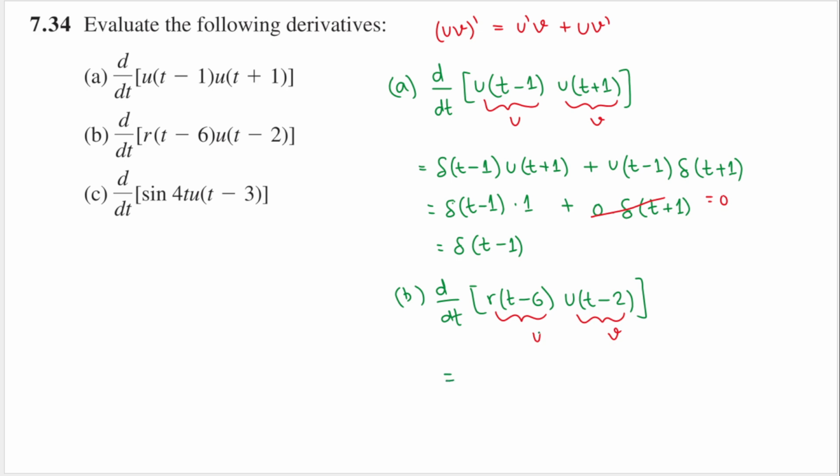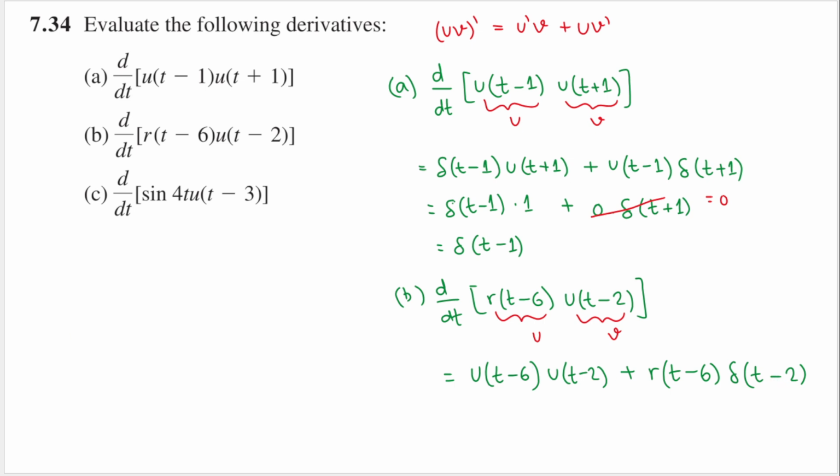So u prime v: the derivative of the ramp is u(t minus 6) times u(t minus 2), right? And then plus u v prime. So we'll have the ramp function r(t minus 6) and then v prime, which will be the Dirac delta function delta(t minus 2).